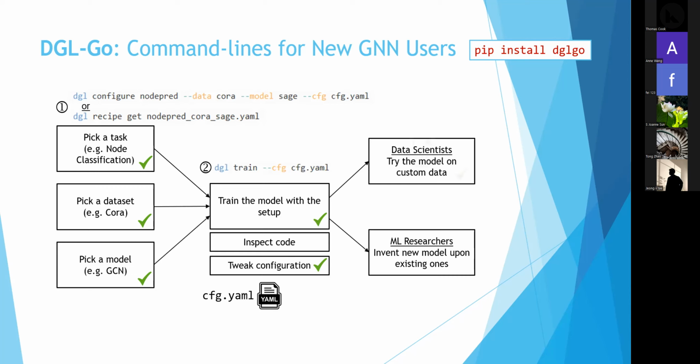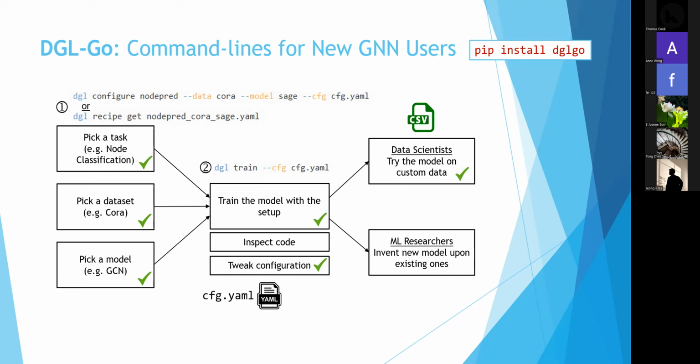And for data scientists, of course, you might want to work on some custom data. So we provide a custom data interface to DGL train. You can use your data stored in CSV format. But if this is the only thing we delivered, this becomes just an experiment runner, right?